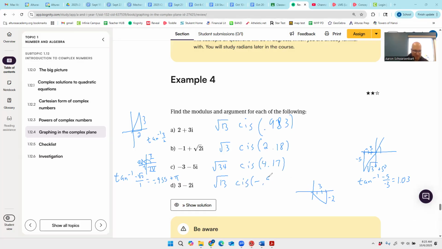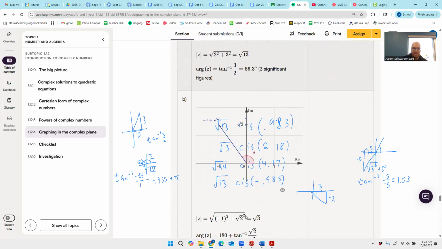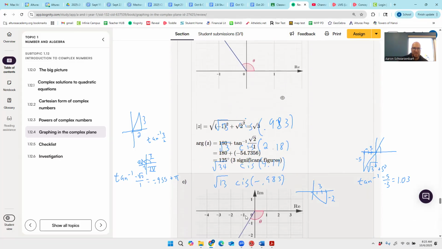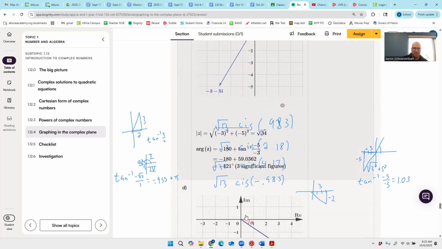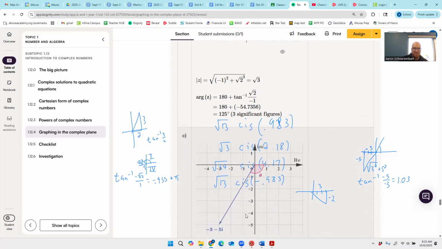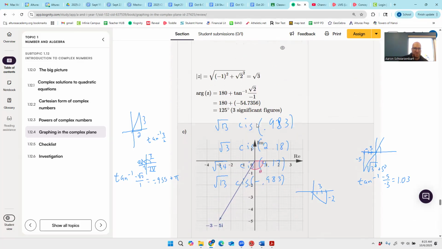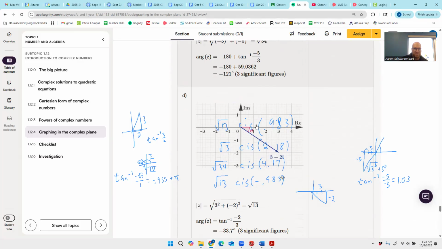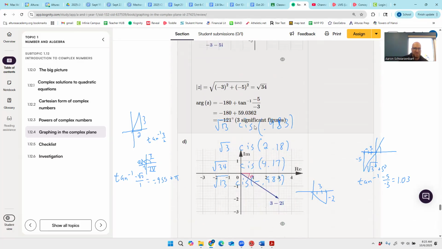If it does not specify where the angles need to be, it is okay if I leave it as negative. They did them all in degrees, but same.